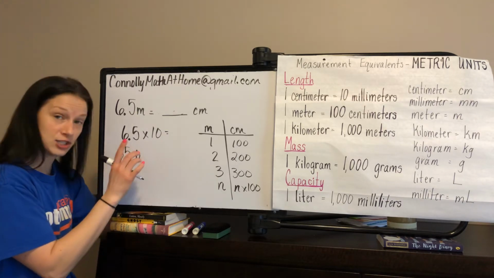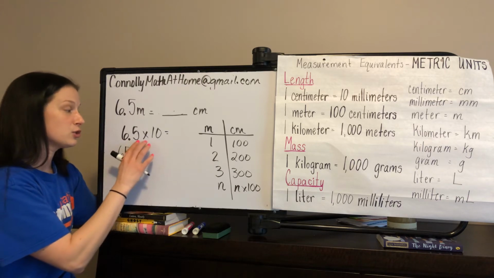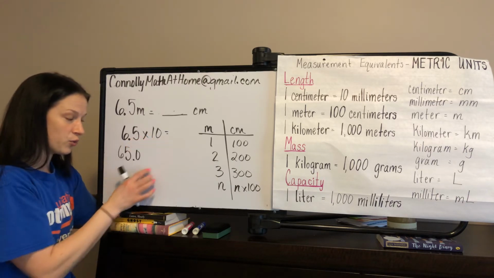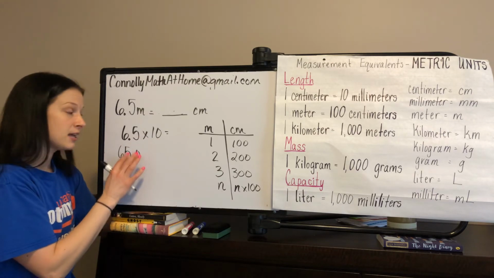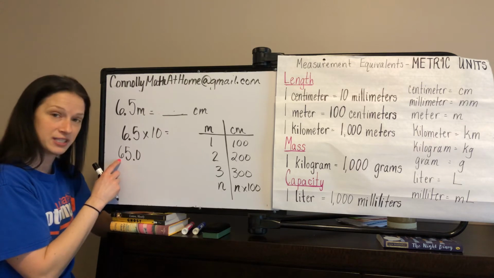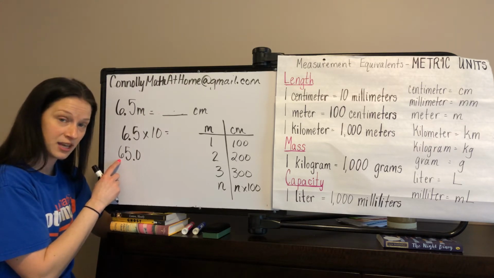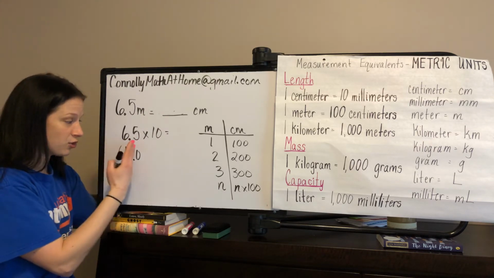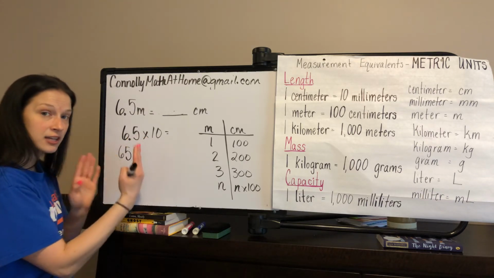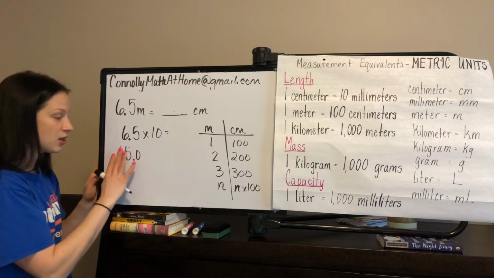So each digit got 10 times greater. 5/10 times 10 is 50/10, which is 5 wholes. 6 times 10 is 60, so we put the digit 6 in the tens place. Each digit shifted over 1 place to the left because each digit is getting 10 times greater.